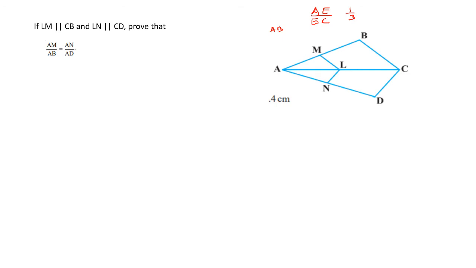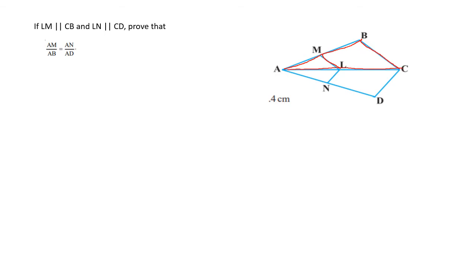It is given LM is parallel to CB. So if LM is parallel to CB, let us mark the LM here. And I am going to take that triangle separately. We are talking about the triangle ABC.